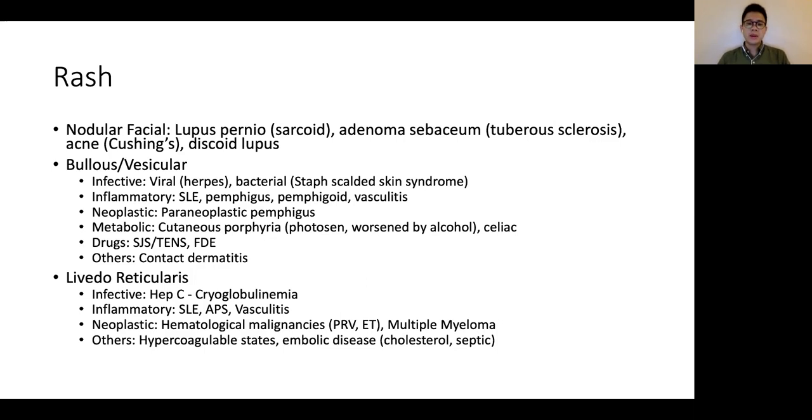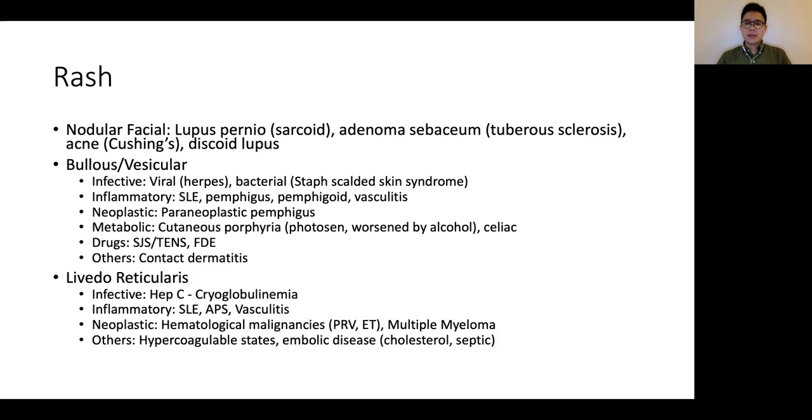There can be paraneoplastic pemphigus, and some rarer conditions like cutaneous porphyria can also cause bullous lesions. Importantly, not to forget SJS and TEN. So these would be the common causes to think of in terms of bullous and vesicular lesions.